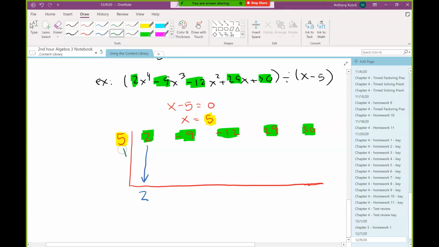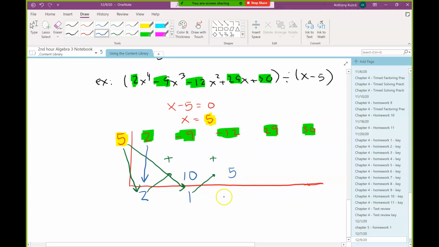We take the outside number, multiply it by that number underneath, and add down. So 5 times 2 is 10, and negative 9 plus 10 is 1. Then we do 5 times 1. We write our answer in the next spot.